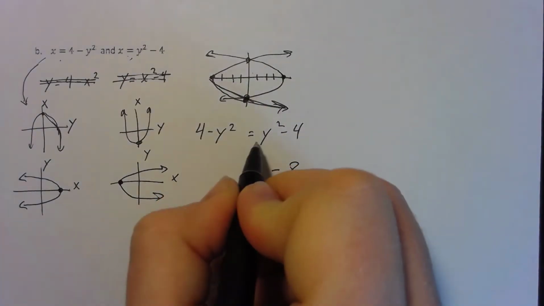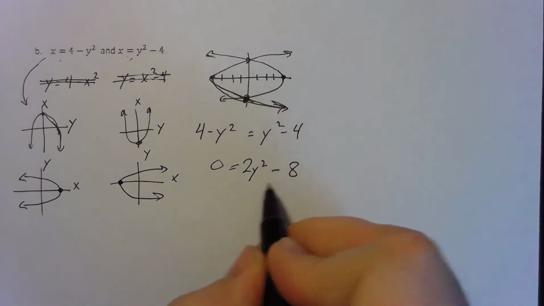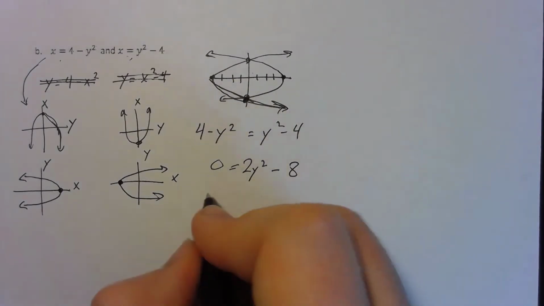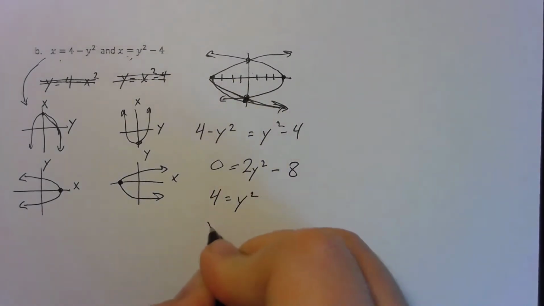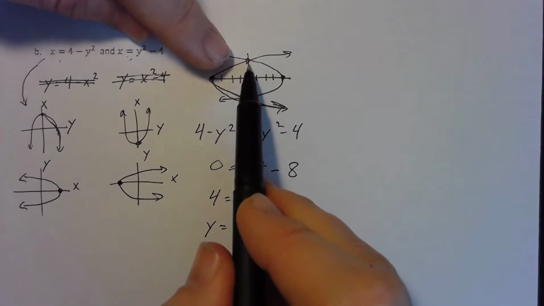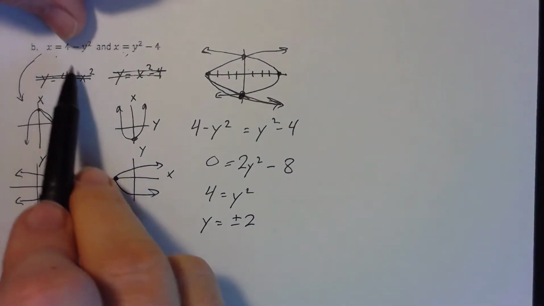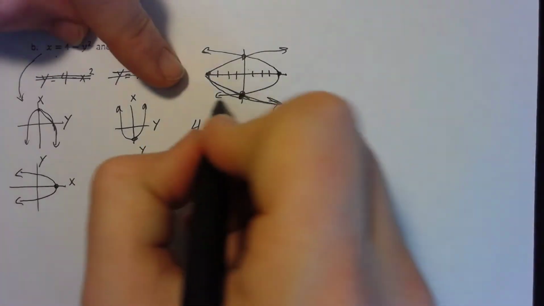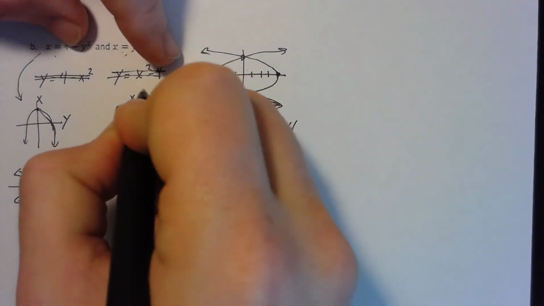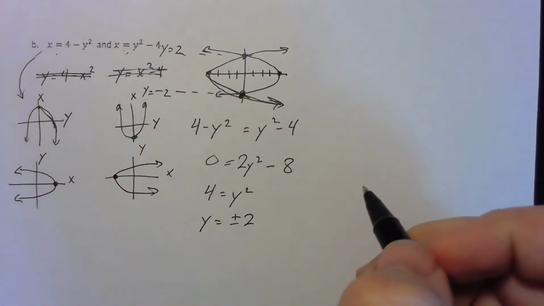I can add the y squared to both sides, giving me 2y squared equals 8, in which case I'll divide by 2 and get 4 equals y squared, giving me y equals plus or minus 2. But wait a second, I thought we said x equals 0. Well, remember, if I plug x equals 0 into here, my y value will be plus or minus 2. Notice this is the negative 2 value for y, and this location here is y equals positive 2.